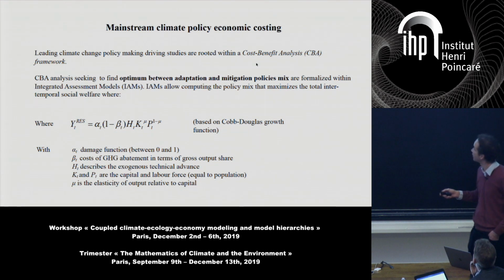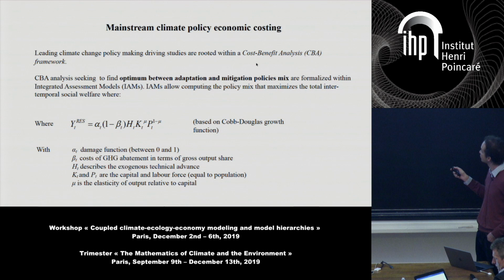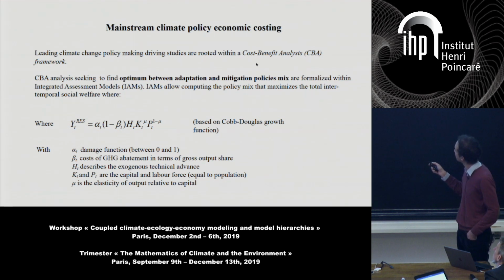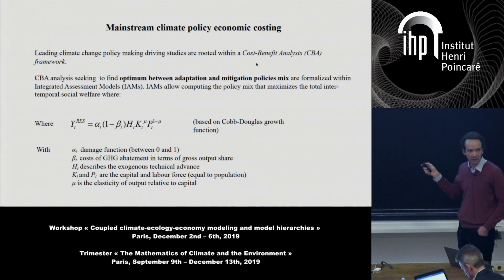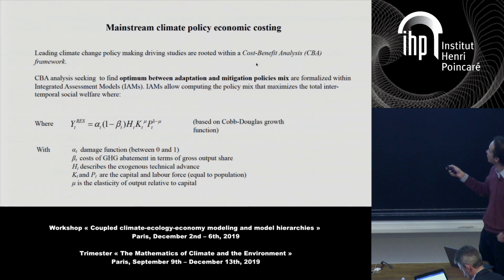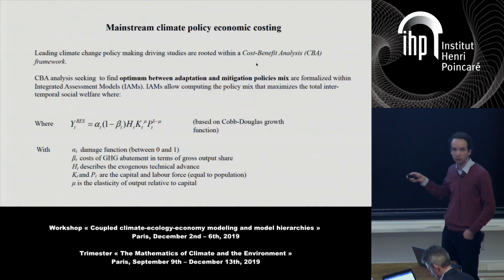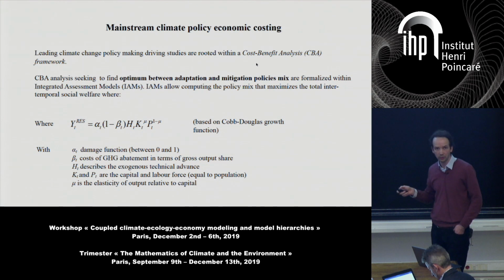In this case, a very mainstream model, the Cobb-Douglas production function, where the production is a function of technical progress, of capital, and labor, for instance, and is eroded by two factors. First, how much one invests in mitigating, reducing the carbon emissions, and how much growing climate uncertainty is eroding the production.